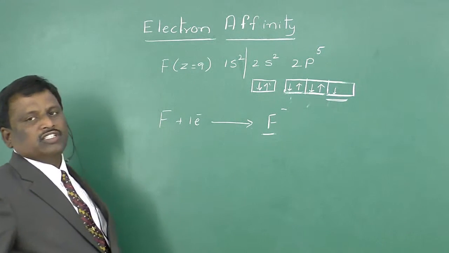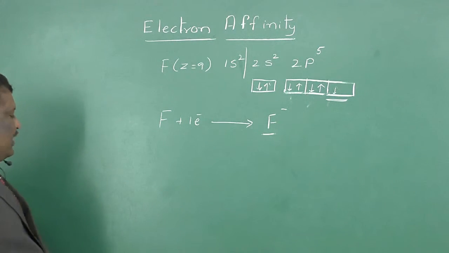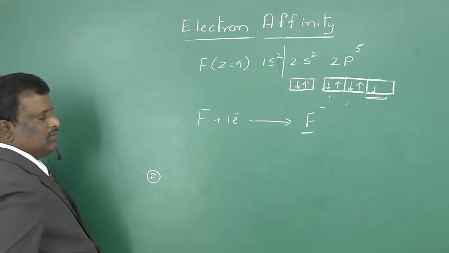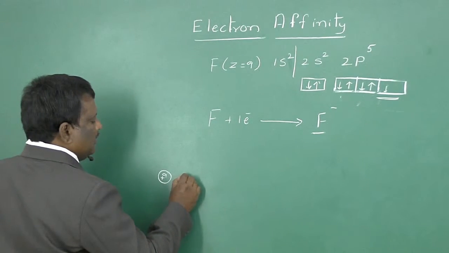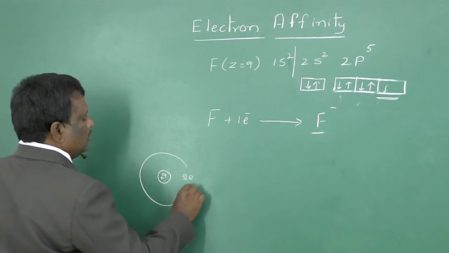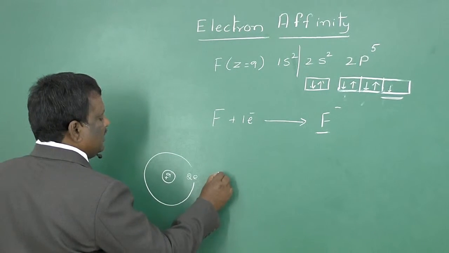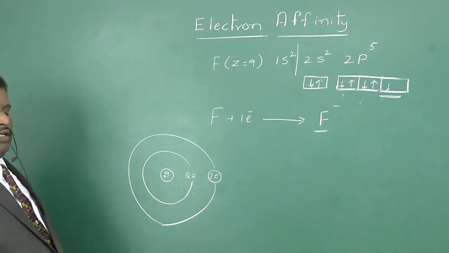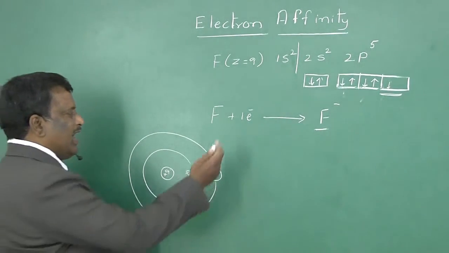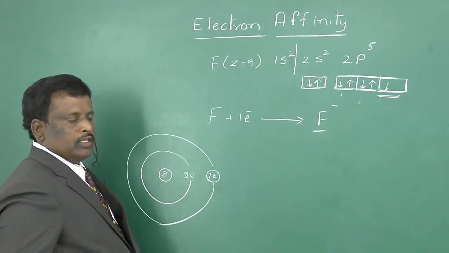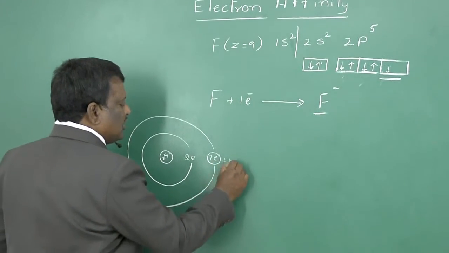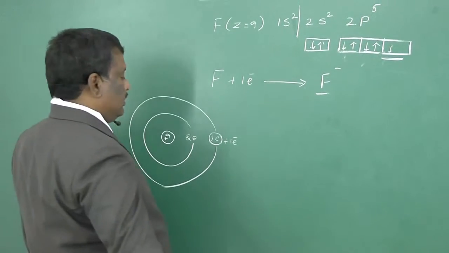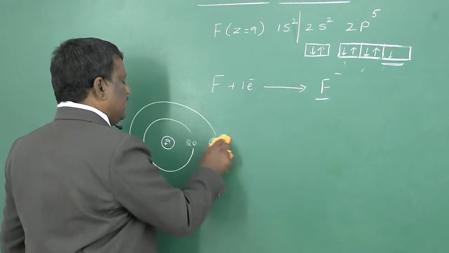Why this negative charge? Because in the nucleus of fluorine we have 9 protons, that is 9 positive charges. In the first energy level we have 2 electrons, in the second energy level we have 7 electrons. Total 9 negative charges are present in the fluorine atom. Now, after adding this electron, the number of electrons in the valence shell will become 8, so that its electronic configuration will become 2s2, 2p6.